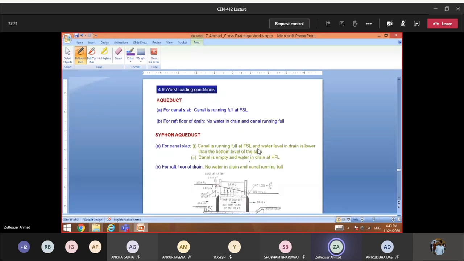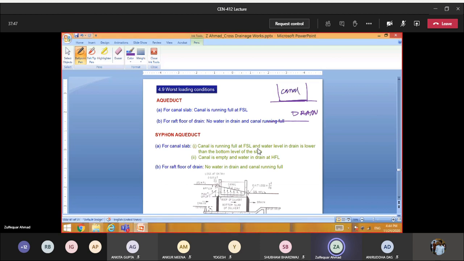Now, the worst loading condition. See, if you have an aqueduct, in the case of the aqueduct, you have the canal. So canal is here, right, and your drain is here. This is the drain. Now, once you are designing the floor of this canal, what would be the worst condition?